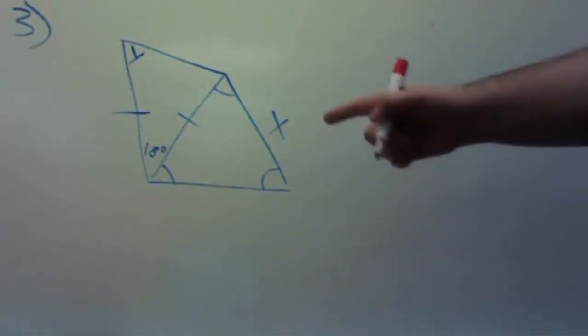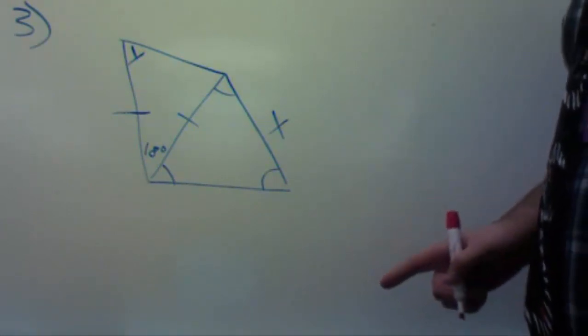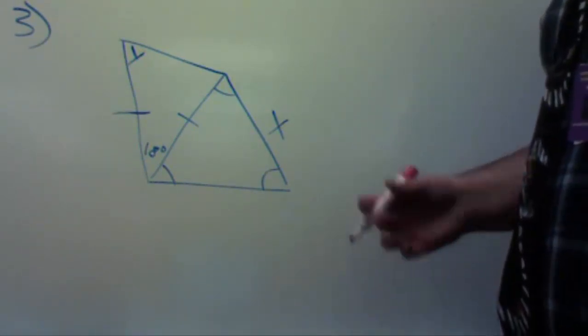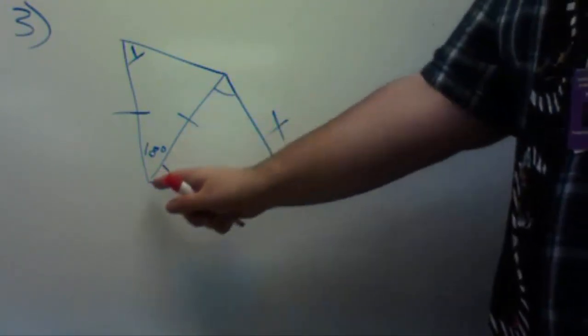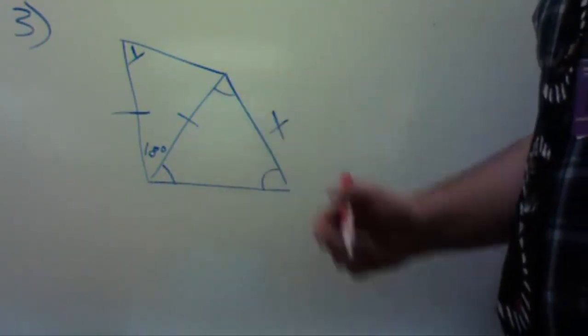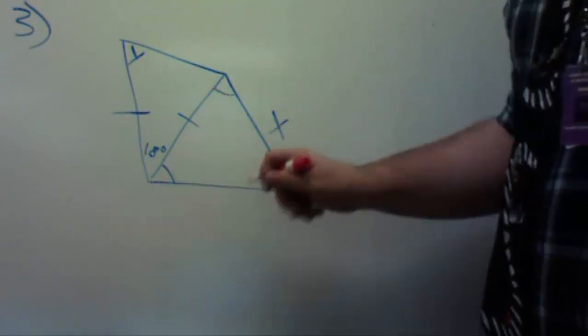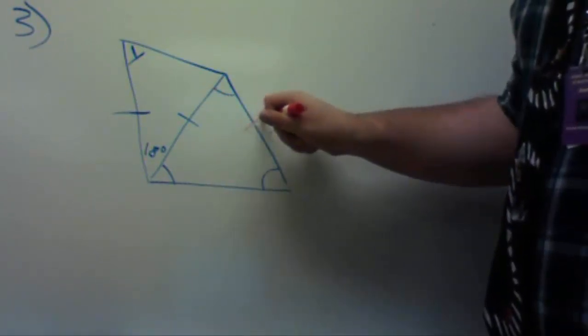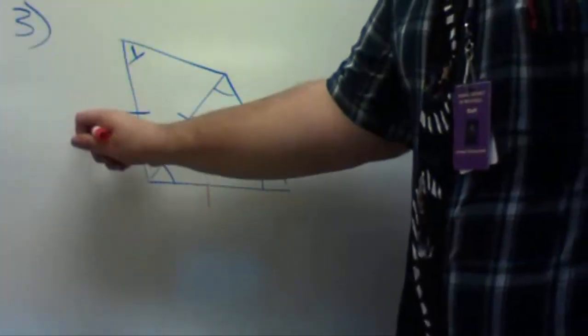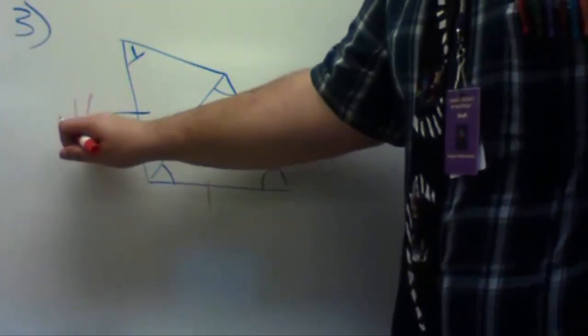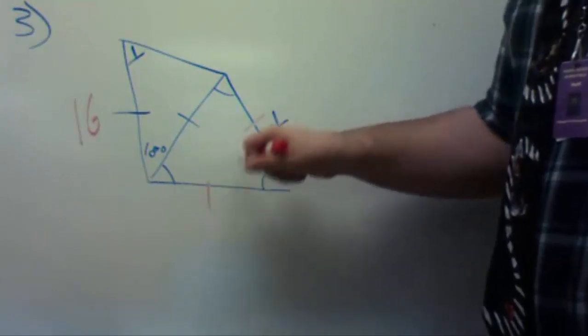For number 3, again, I look. I have to choose which triangle to start with. My preference would be to start with this triangle here. I see it's equiangular, so I know it is equilateral. I also realized I forgot to put a length in over here, 16. Now, I only put 1 mark here.